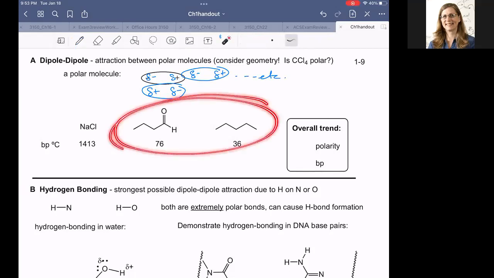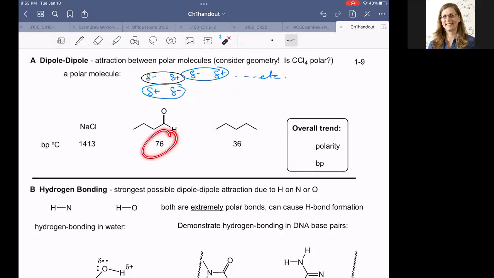Let's look at these two compounds and compare their boiling points. I'm giving you their boiling points. This says 76 degrees. This says 36 degrees. They're roughly the same size molecules, and that's important to keep in mind, because we don't want to compare apples to oranges. So these molecules are roughly the same size, but are they both polar?